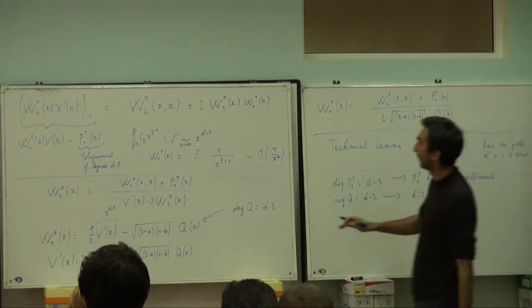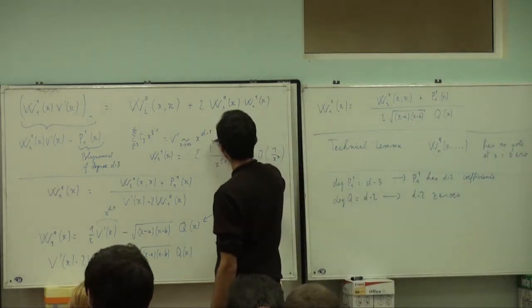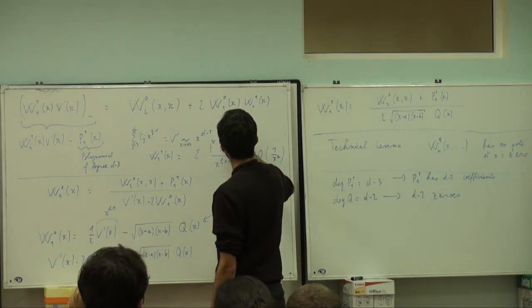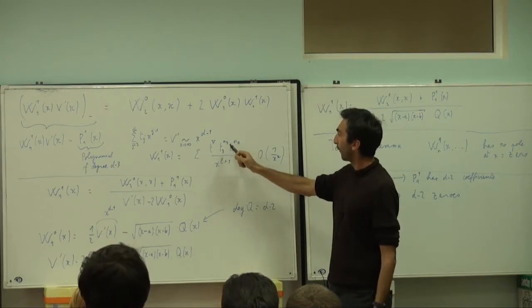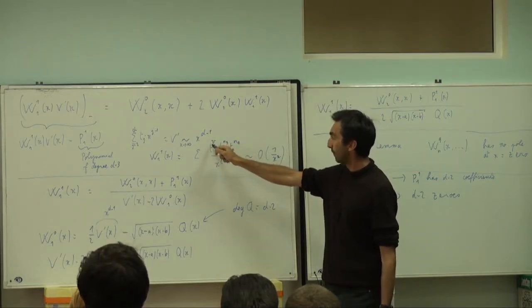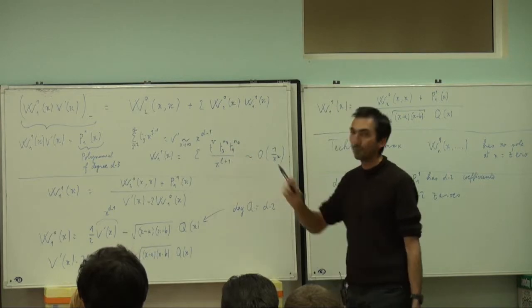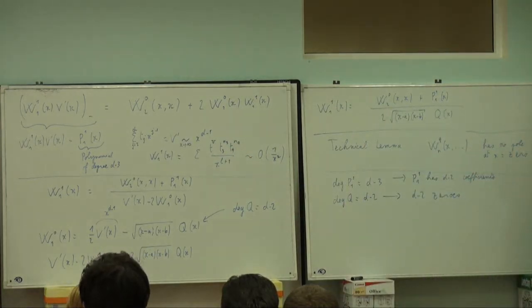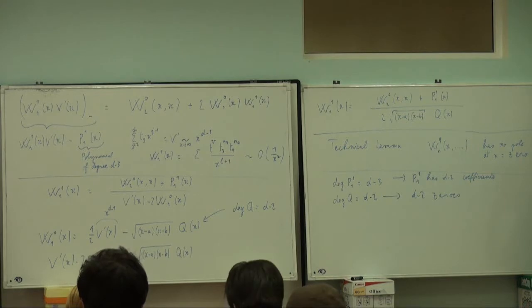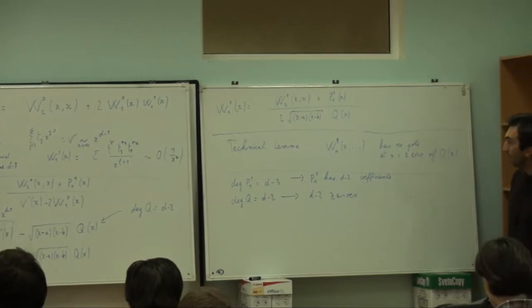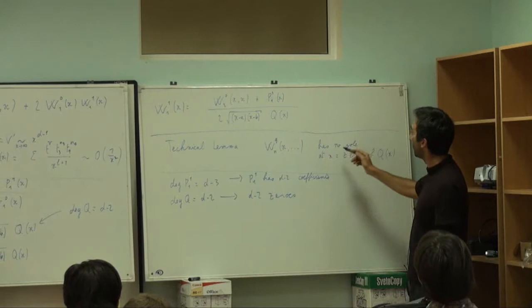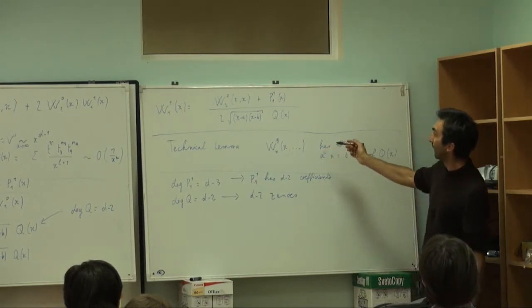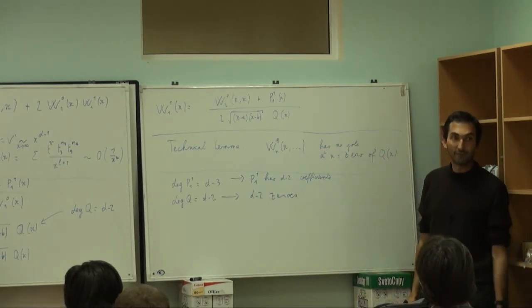In fact, when I write t to the v, t3 to the n3, t4 to the n4, and so on, as a formal series in n3, n4, and so on, for each given power of t, the coefficient is in fact a polynomial in 1 over x. There are only finitely many maps with a given number of vertices. So it's a polynomial, and that's why it has poles only at 0, and it cannot have poles at other places.